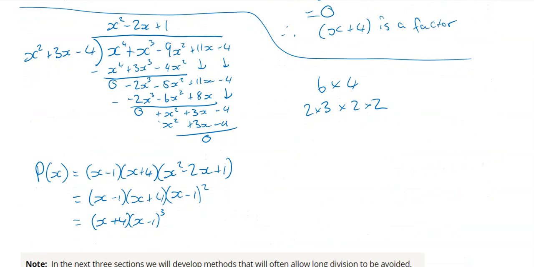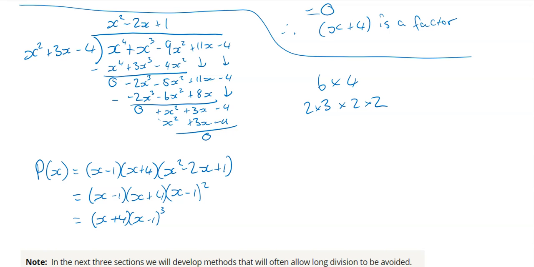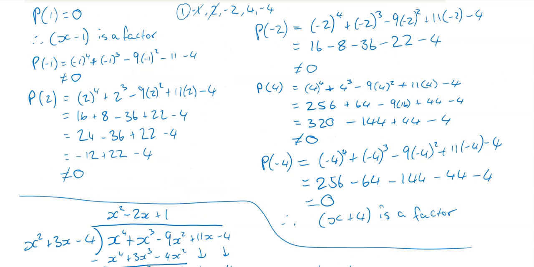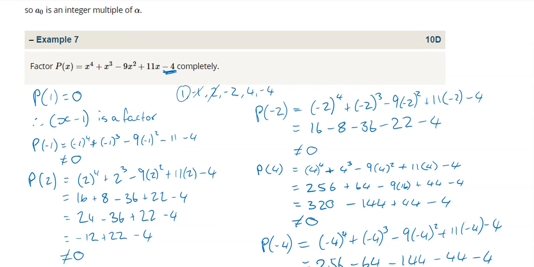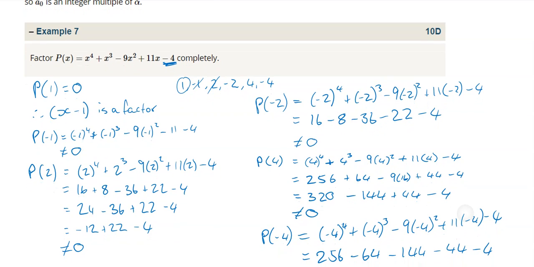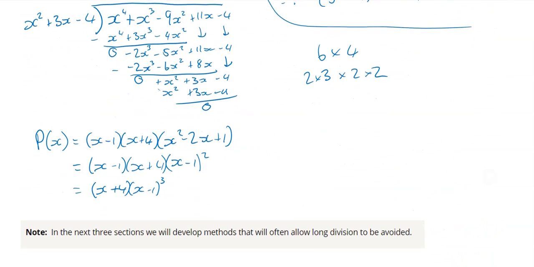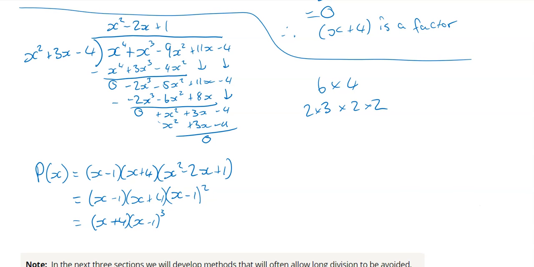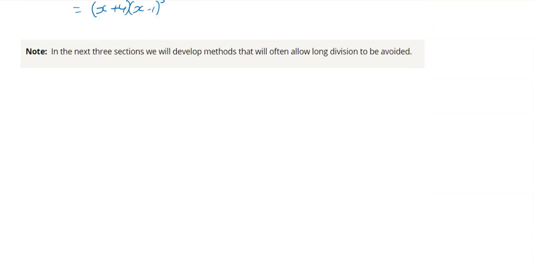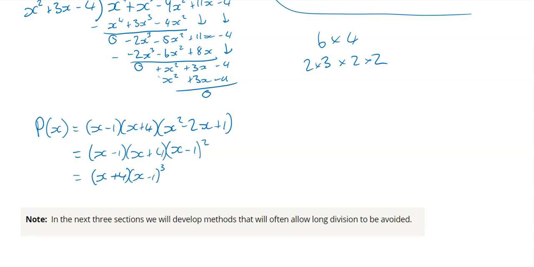Turns out it was a factor of degree 3, one of those big ones. We may explore how we can be certain of those at some point, but I'm not sure. We'll see what happens next week. The next 3 sessions will develop methods that will often allow long division to be avoided, but not always. So in this case, that was the end result, which is pretty cool, I thought.